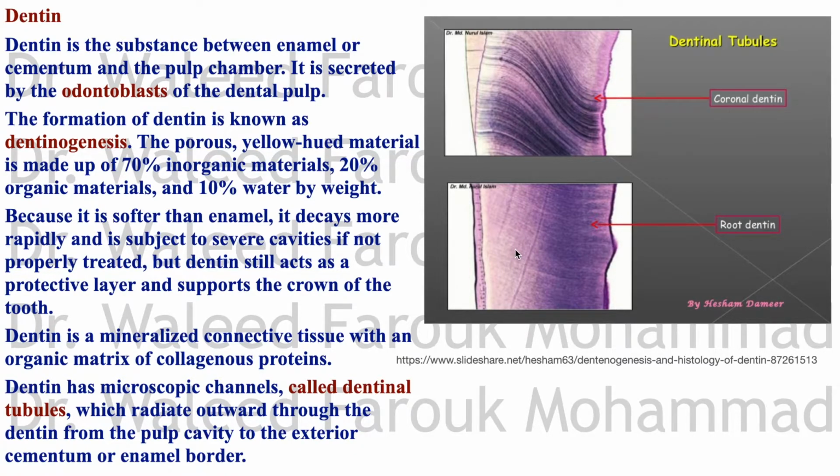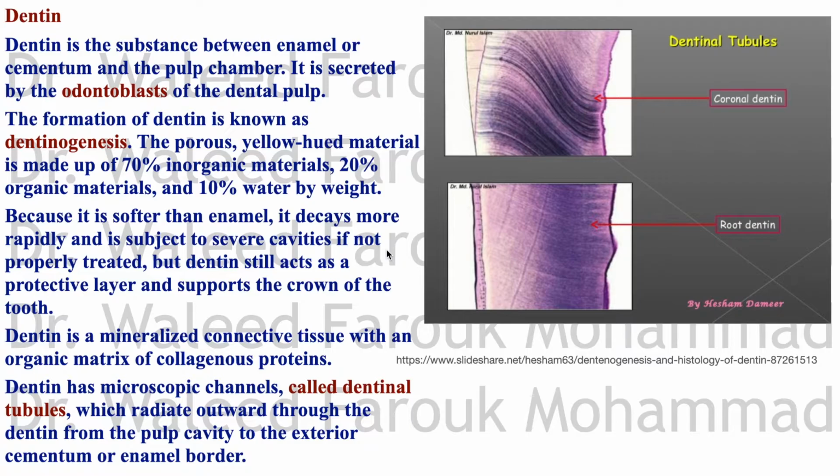It's composed of 70% inorganic materials, 20% organic materials, and 10% water of the weight of the substance. And it's softer than the enamel, that's why it decays more rapidly and is subject to severe cavities if not treated early. But still it acts as a protective layer and supports the crown of the tooth.